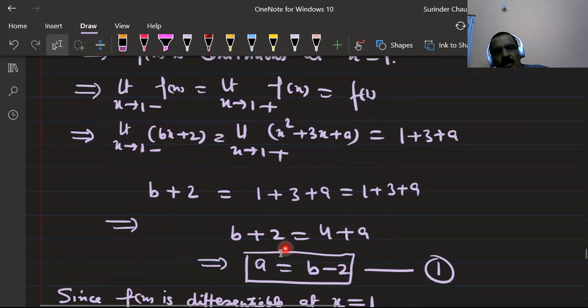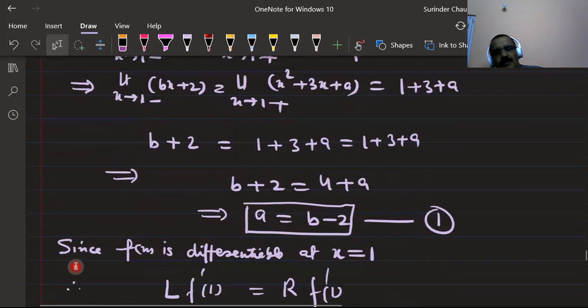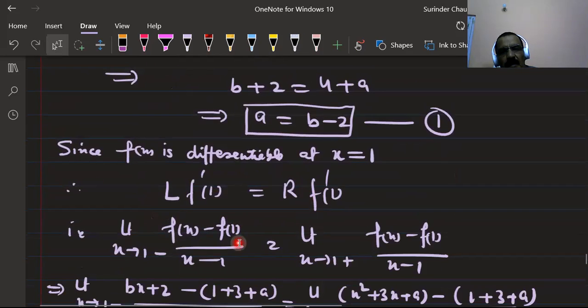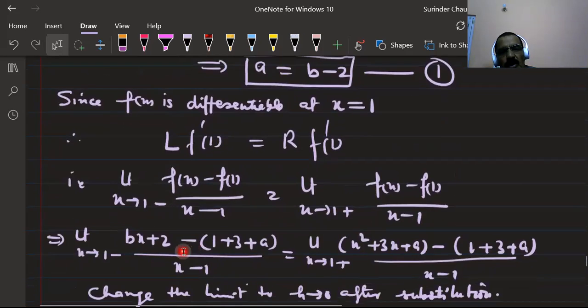This is the first equation: a is equal to b minus 2. Similarly, since f(x) is given as differentiable at the point, the left hand derivative equals the right hand derivative. Using the definition of the left hand derivative, substitute the value of the function at x equal to 1.